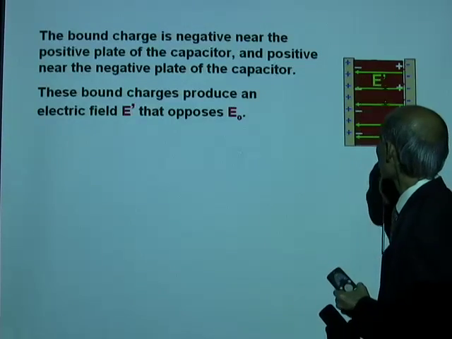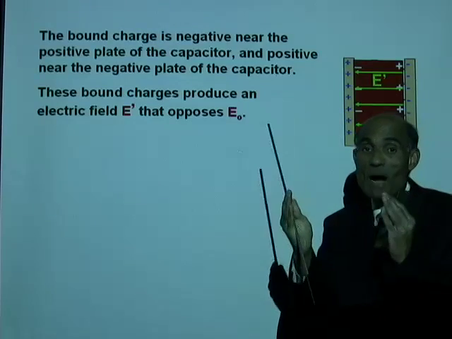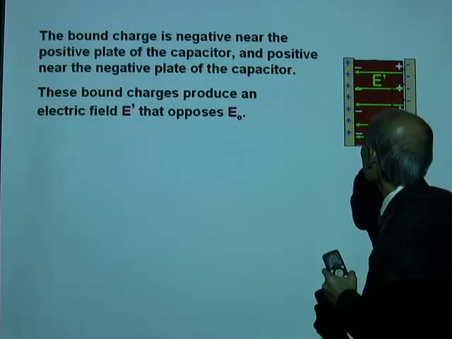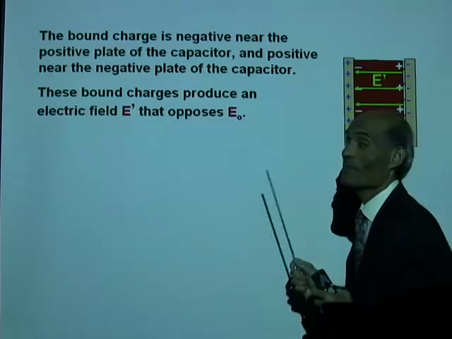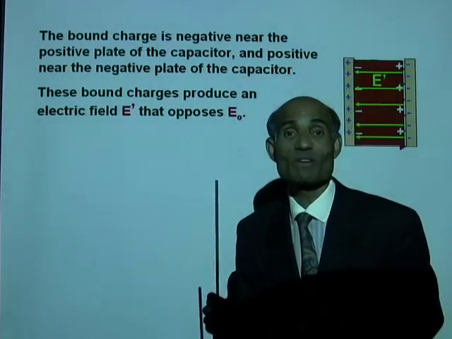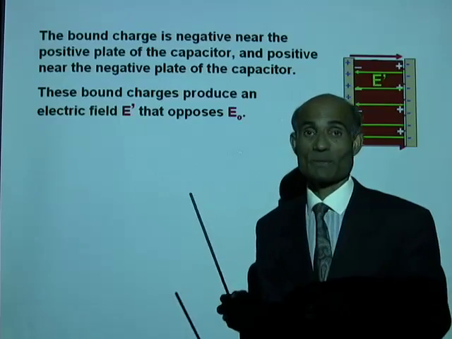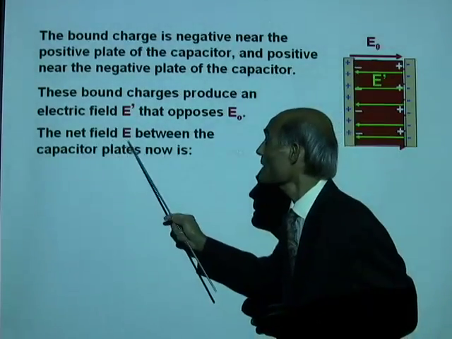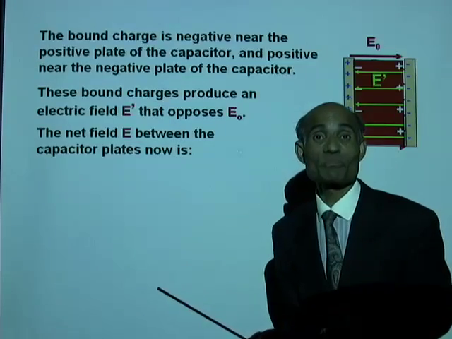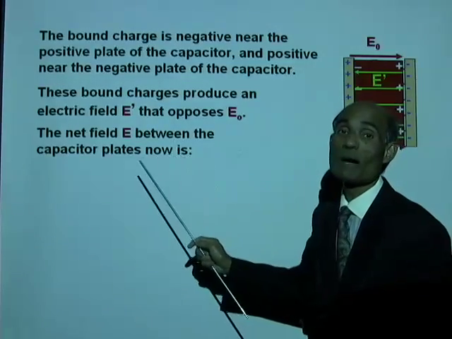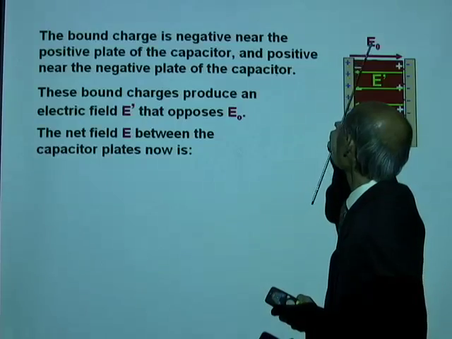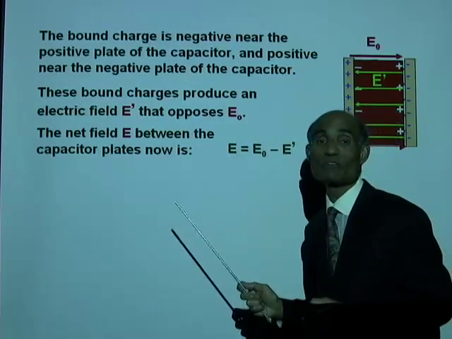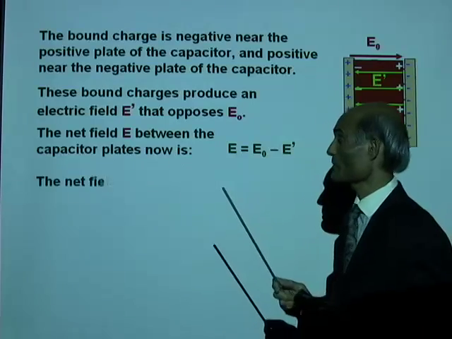After the dielectric is introduced, the bound charges on the dielectric produce an electric field E' that opposes the original field E0. The net field E between the capacitor plates will be E0 minus E prime. That will be the net field now between the capacitor plates.